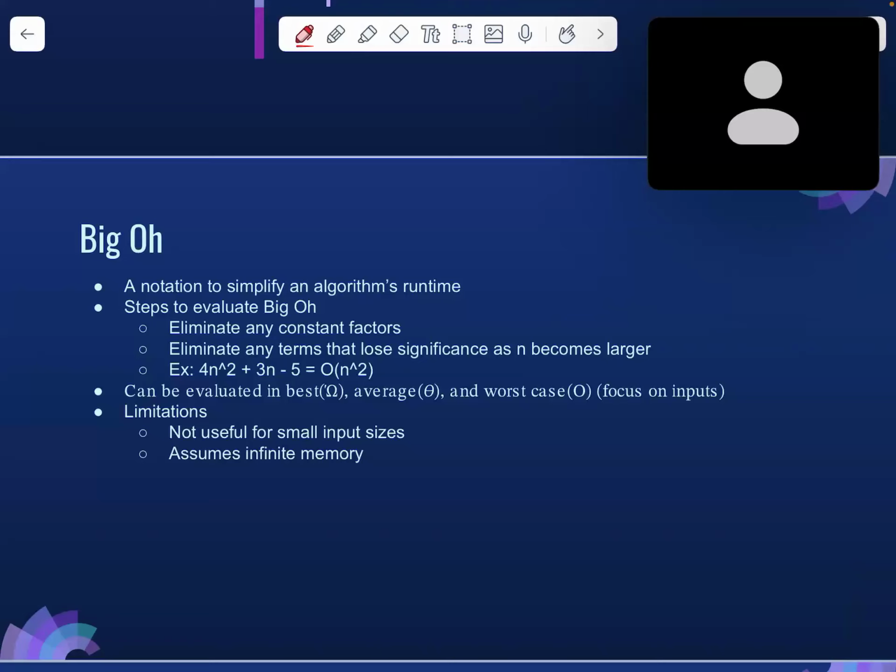So any constant factors, or any terms that lose their significance as n becomes larger, are all just going to be irrelevant. So let's say something like 4n squared plus 3n minus 5. Immediately we notice we have a -5 here. That's a constant. It's going to be irrelevant in the notation, especially as the equation gets larger.